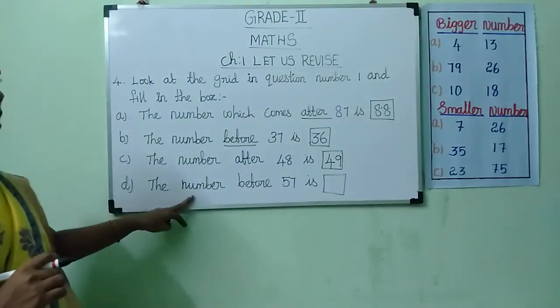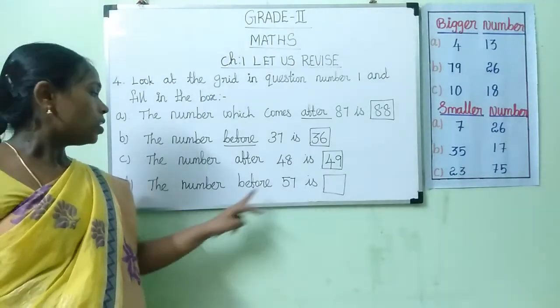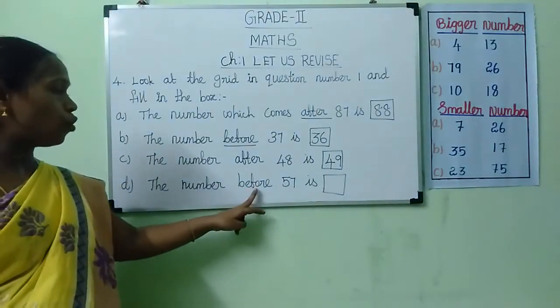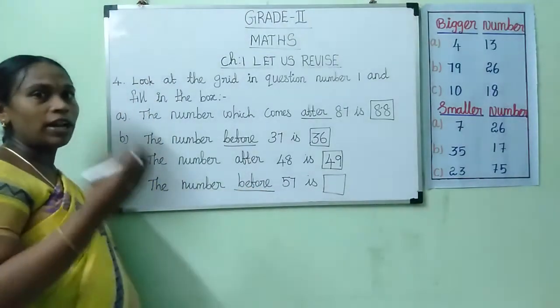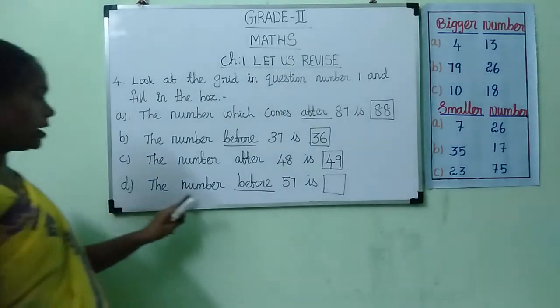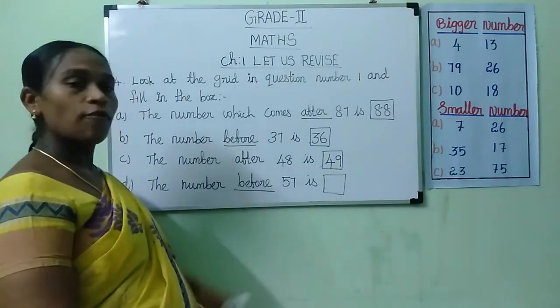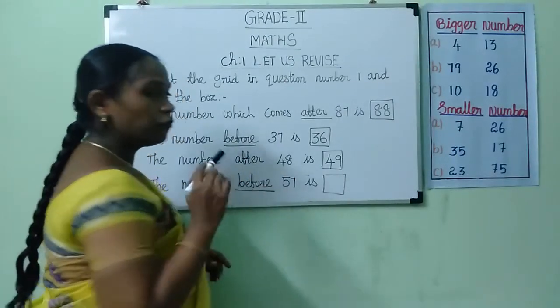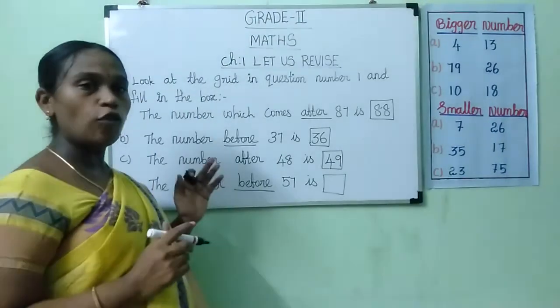See, the number before 57 is dash. Before means front number. Here given 57. So 57 before.